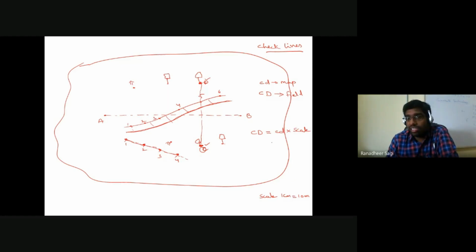So what was the scale that I have chosen? 1 centimeter on my drawing sheet is equal to 10 meters. Because the measurement on my map is small cd, I have to multiply it with 10 meters, so that you get the exact measurement from your map data and from your field data. That's how you can cross check whether those values come out to be equal or not.